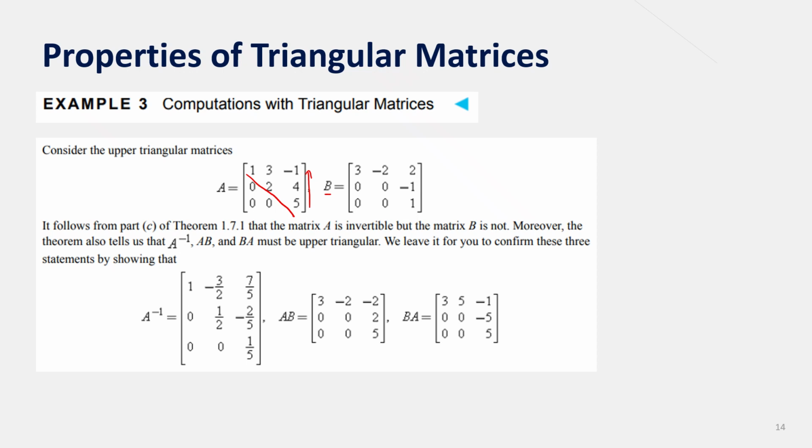Meanwhile, B is also an upper triangular matrix, but it is non-invertible since one of the diagonal entries has a zero value. Therefore, we can inverse A, and then we can have this one. And if we calculate A multiplied by B, the result will be an upper triangular matrix. We will try to calculate it later in the class.